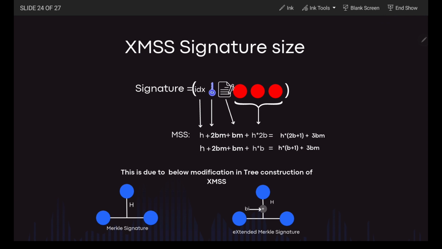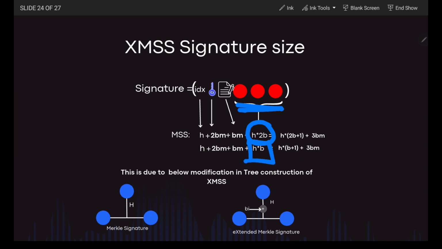Also, if we consider the size here, then in the XMSS scheme, due to some algorithm and the construction of the tree, we have reduced the authentication nodes from the size of h into 2b to h into b.